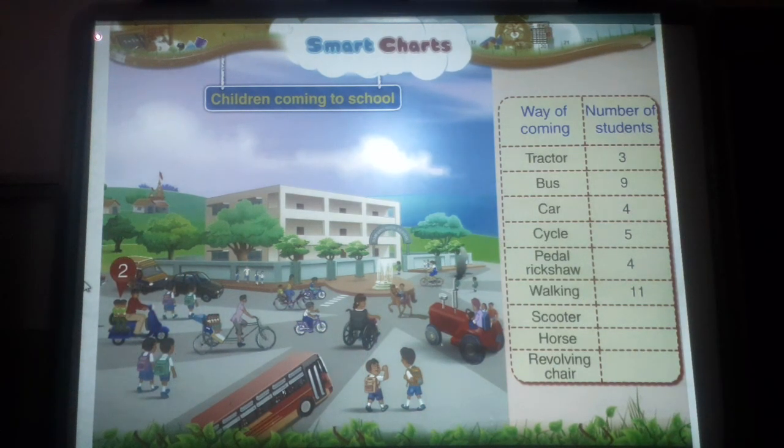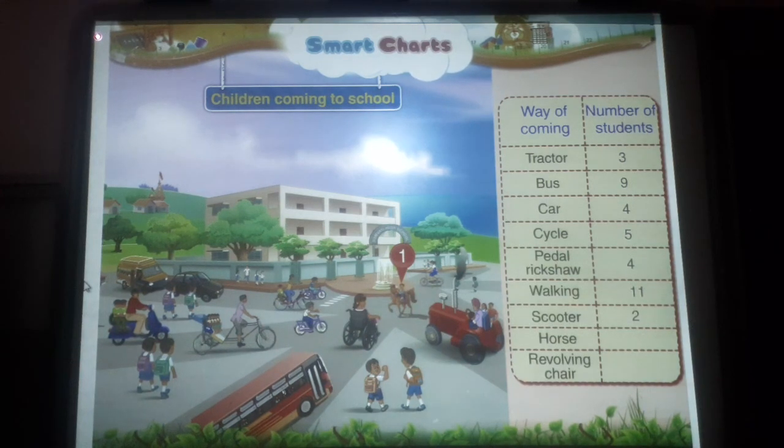2 students come to school by scooter. So we will write scooter in the column way of coming and 2 against scooter in the column number of students. 1 student comes to school by horse.